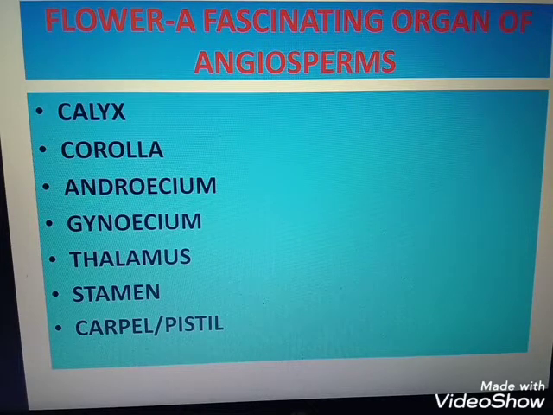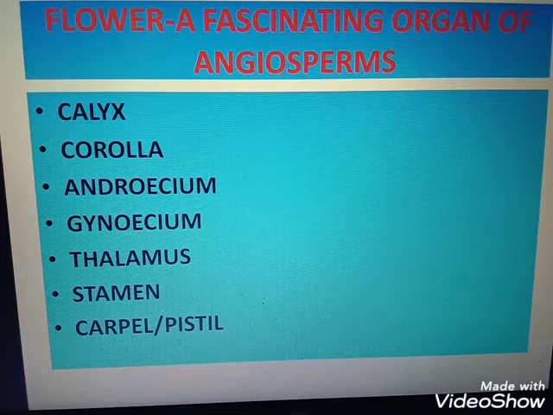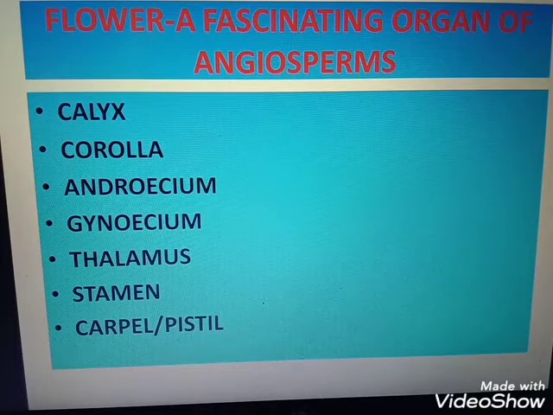Next question: what is the function of a germ pore? We know that pollen grains are covered by exine and intine, but in a certain region the exine is not covering completely and the intine is a very thin layer. That region is known as the germ pore.